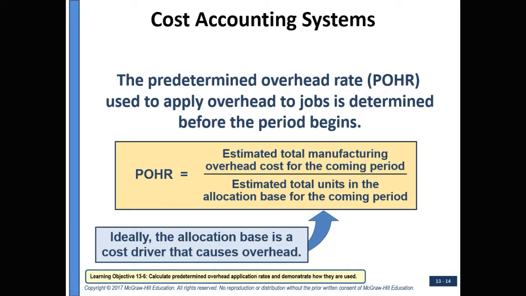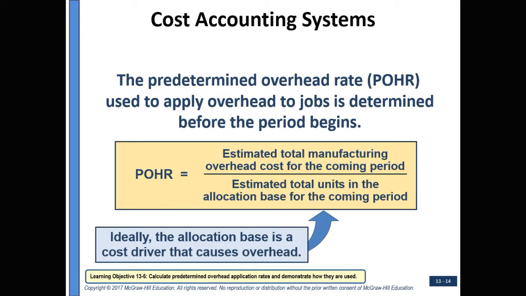The predetermined overhead rate, shortened as POHR, is used to apply the overhead to the jobs and is determined before the period even begins. Ideally, the allocation base is going to be a cost driver that causes overhead.